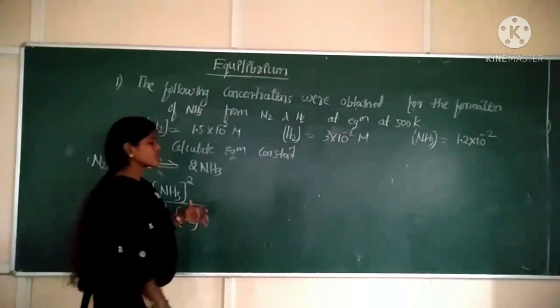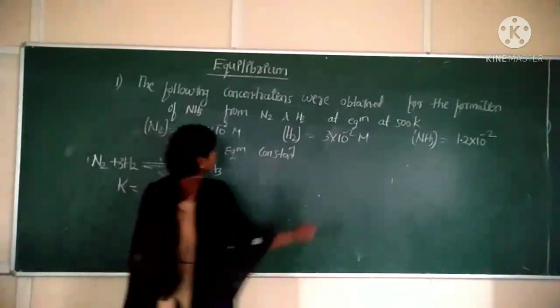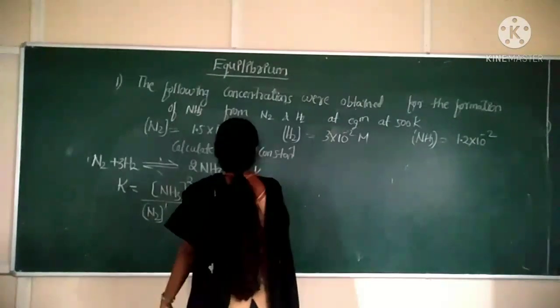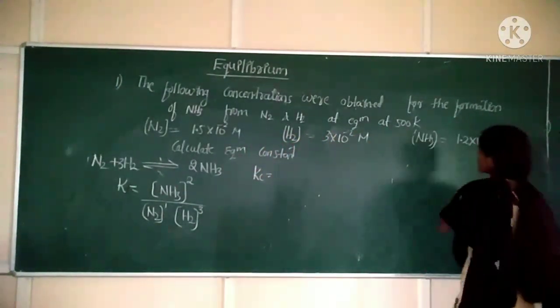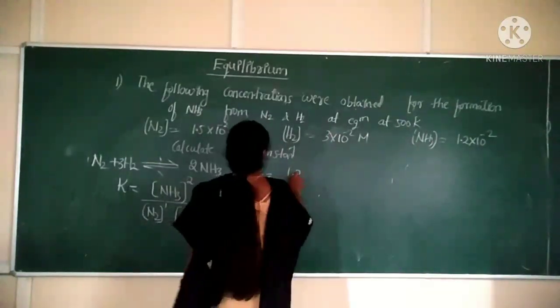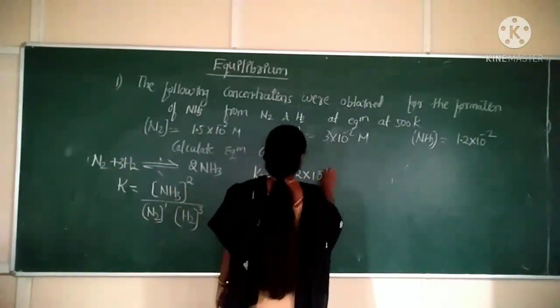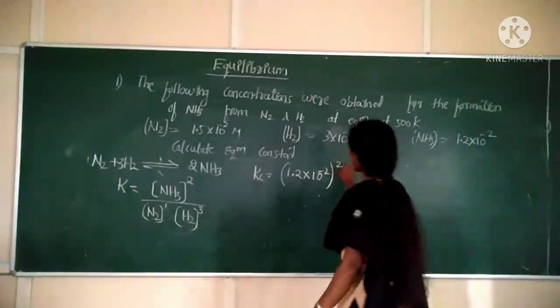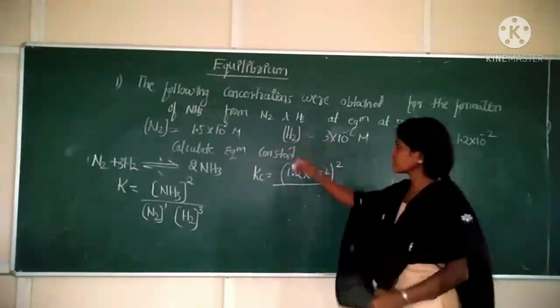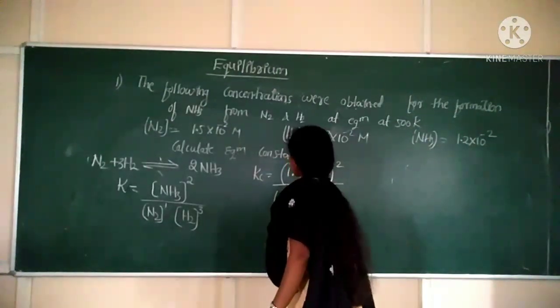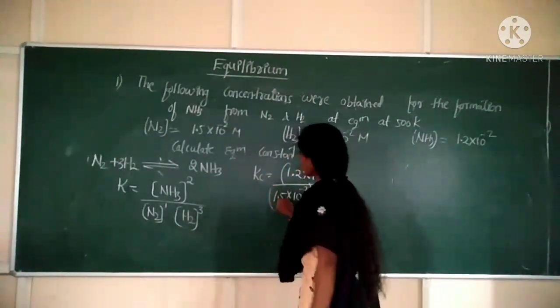Okay. Now substitute the values for the Kc. Now Kc equal to, what is the concentration of NH3? 1.2 into 10 to the power minus 2 whole to the power 2 divided by, what is N2? N2 value is 1.5 into 10 to the power minus 2 whole to the power 1.